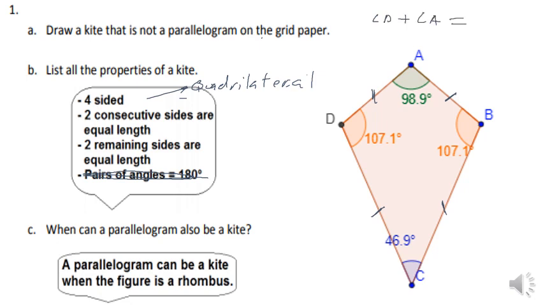Because if you look here, angle D plus angle A is not going to equal 180. It's actually going to equal like 206, 207 degrees. And the same thing, if I added D and B, I ended up at 214.2 degrees.